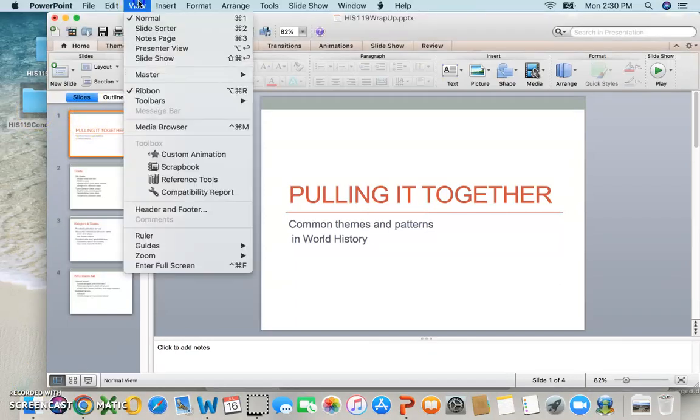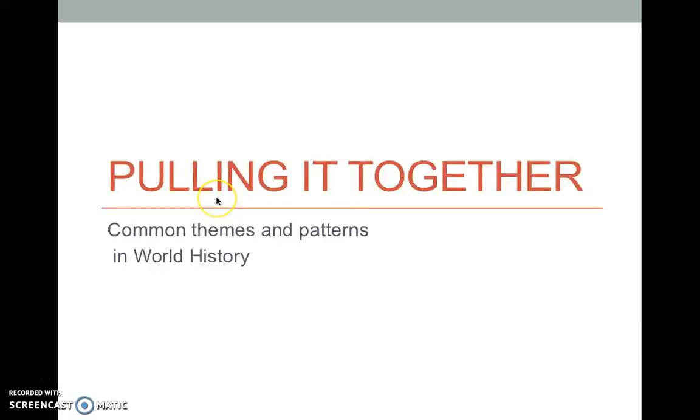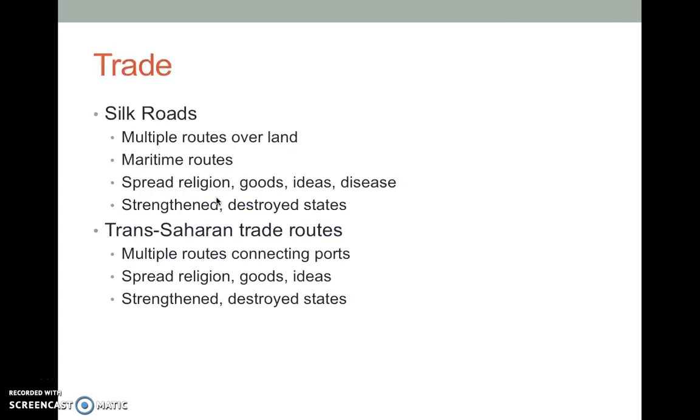So let's try to pull this together as we end a lot of the material for this class by looking at some common themes and patterns in world history. One of the main themes that we've seen is the existence and even the importance of trade.